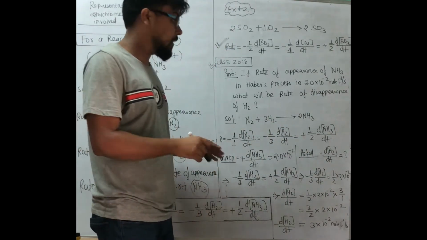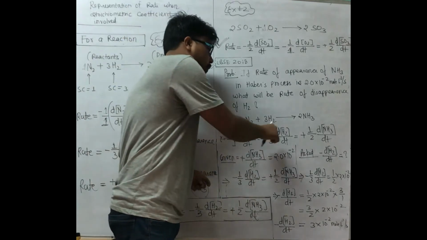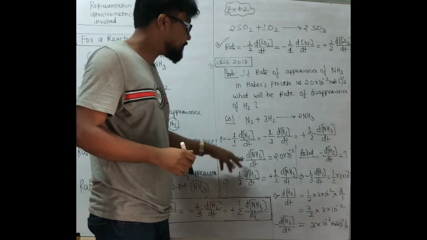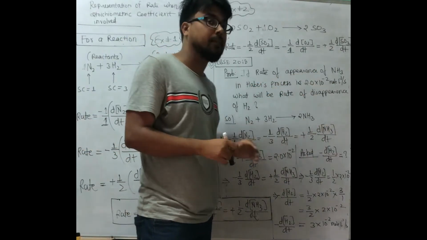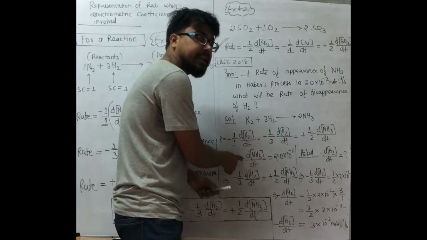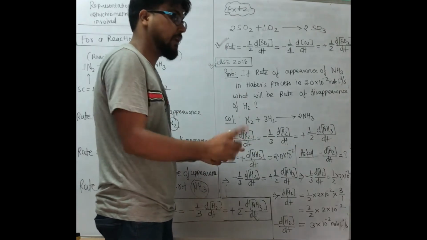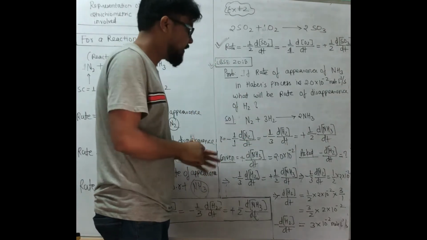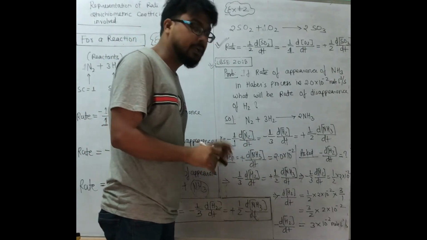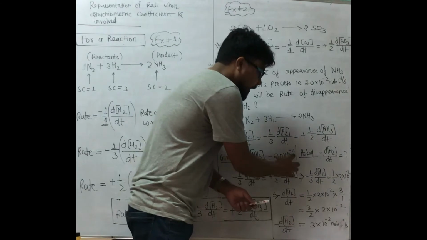Now what is given? Remember, you have to write Given and Asked. Given: rate of appearance of ammonia, meaning d[NH3]/dt, where plus indicates rate of appearance and minus indicates rate of disappearance. So plus d[NH3]/dt equals 2.0 × 10 to the power minus 2.